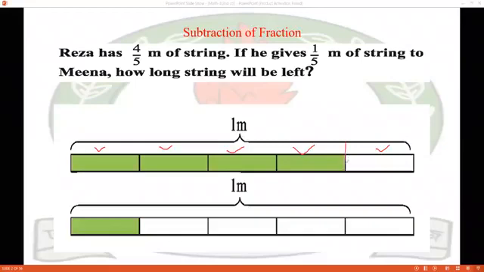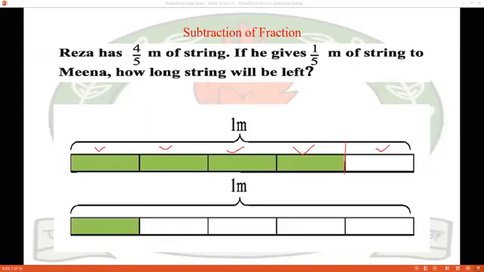But he has 4 parts of 5: 1, 2, 3, 4. He gives 1 part, 1 by 5, to Mina. How long string will he have left?